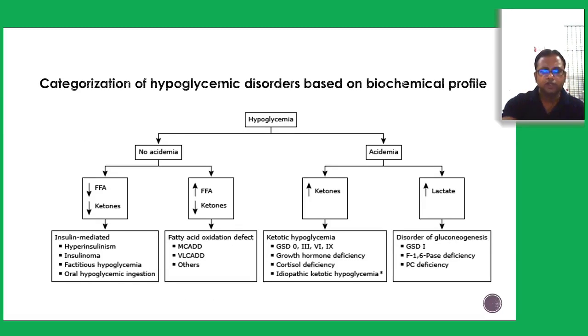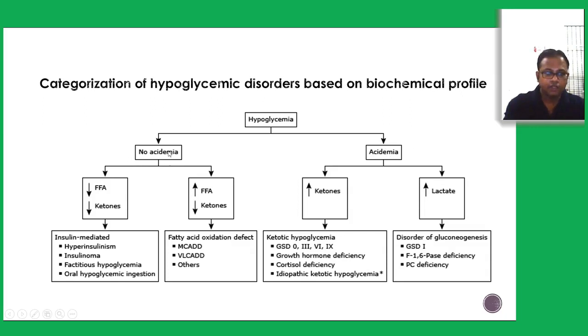So this flow chart is self-explanatory. It shows categorization of hypoglycemic disorders based on the biochemical profile. So with hypoglycemia, you can see on one arm there's no acidemia, and on the other side conditions with acidemia.